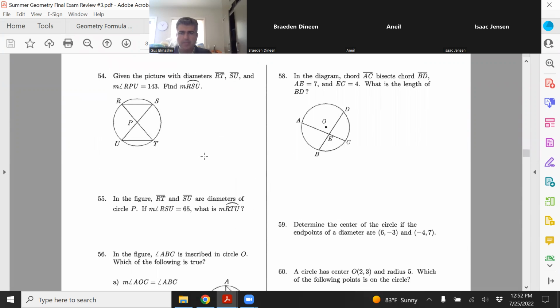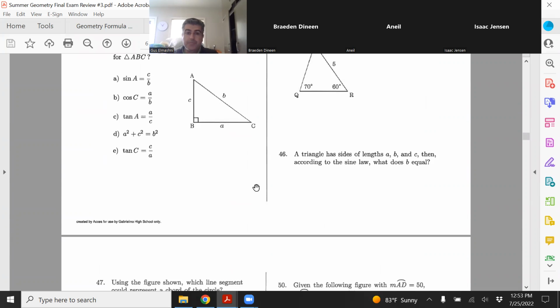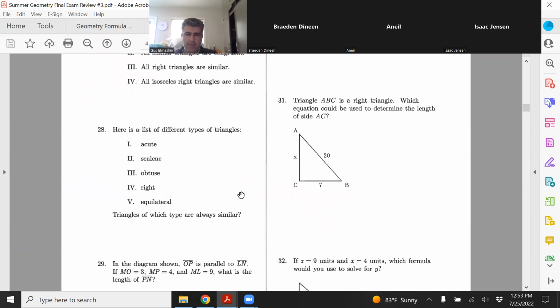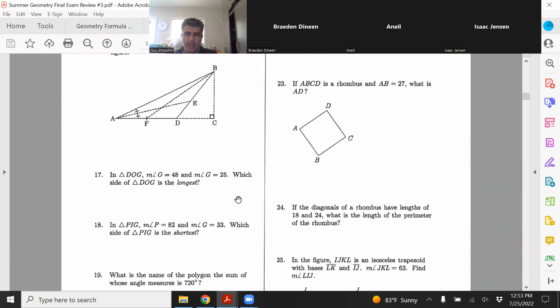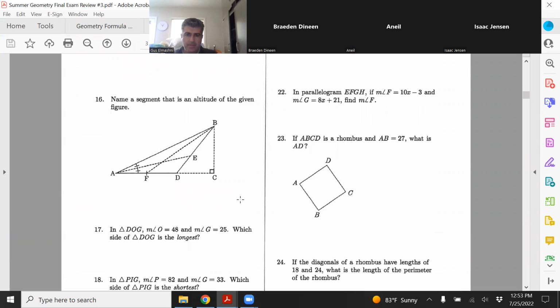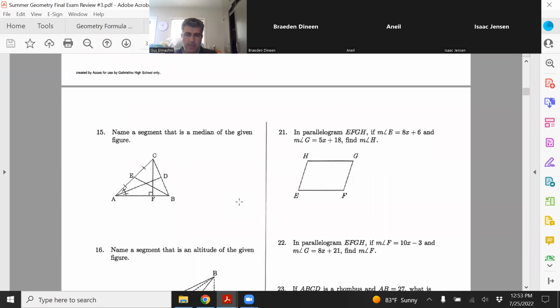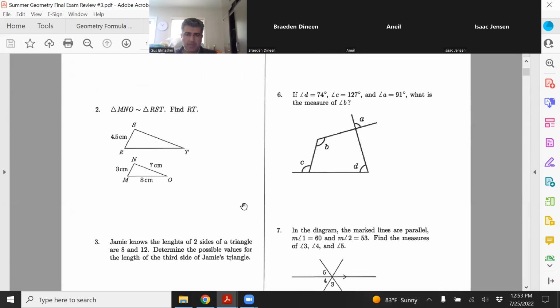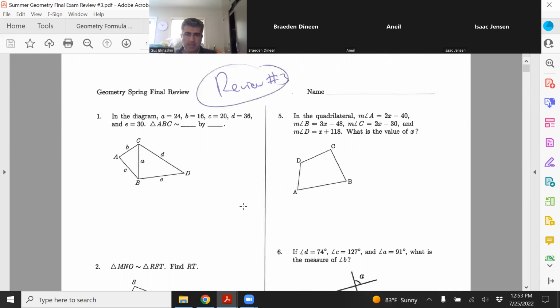Yeah, some problems like that. That looks all good to me. I see some trig, which is good. Some right triangles, Pythagorean theorem, some triangles, and stuff about parallelograms and rhombuses. Yeah, lots and lots of good stuff here.